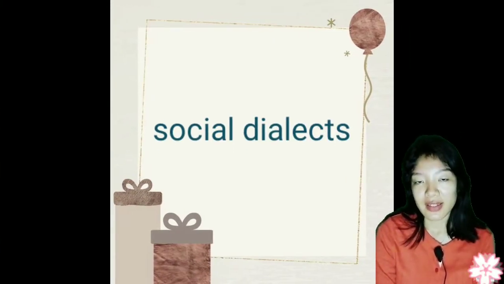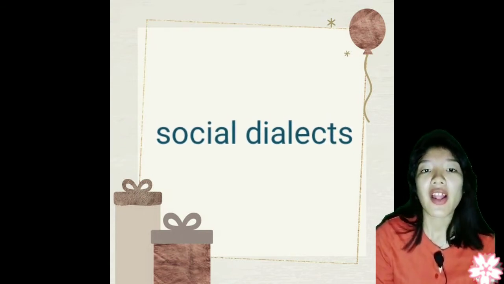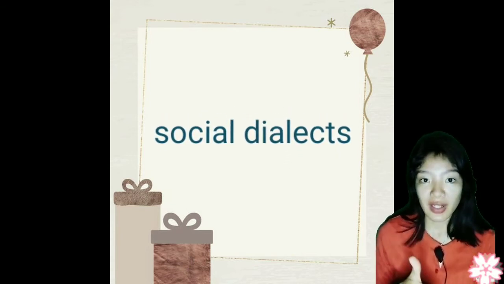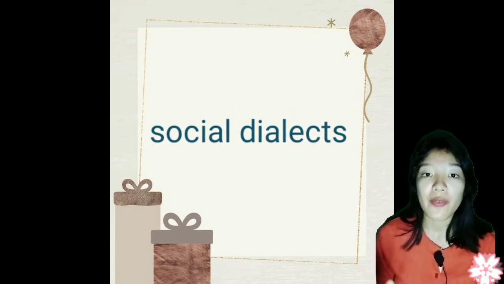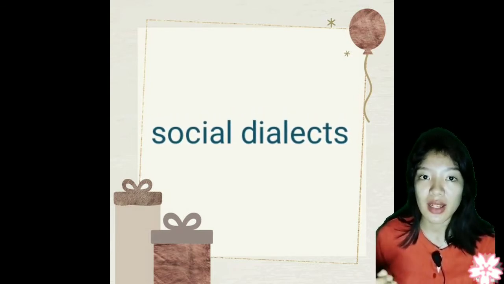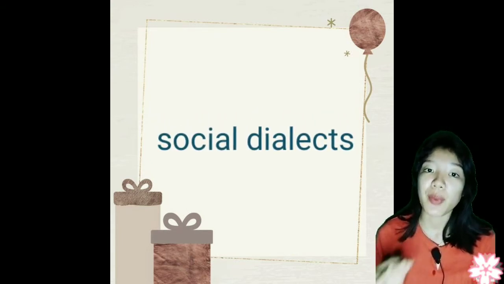Social dialects are created along social groups and are related to a variety of factors, such as social class, religion, and ethnicity. What we are surrounded by in unison with our environment determines how we speak.